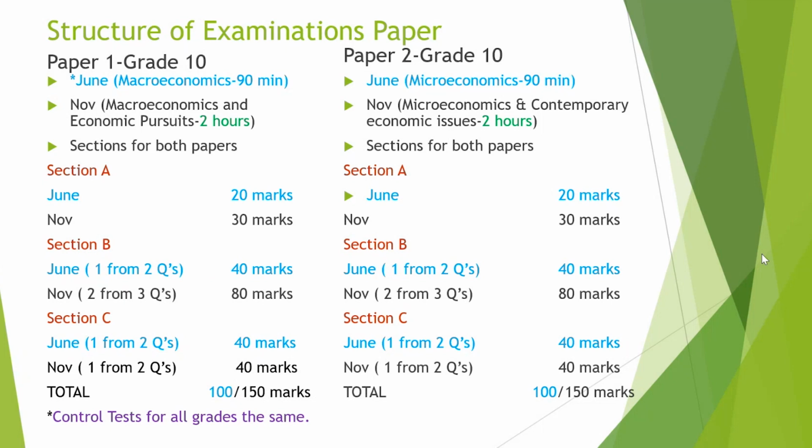And what is important, the reason why I put in the June question allocation for paper 1 is because the control tests from grade 10, 11, and 12 are always for 100 marks. And when you set a control test, section A will be 20 marks, section B will be 40 marks, and section C will be 40 marks, and that will give you 100 marks. And that is why I've got that asterisk there that says control tests for all grades are the same.